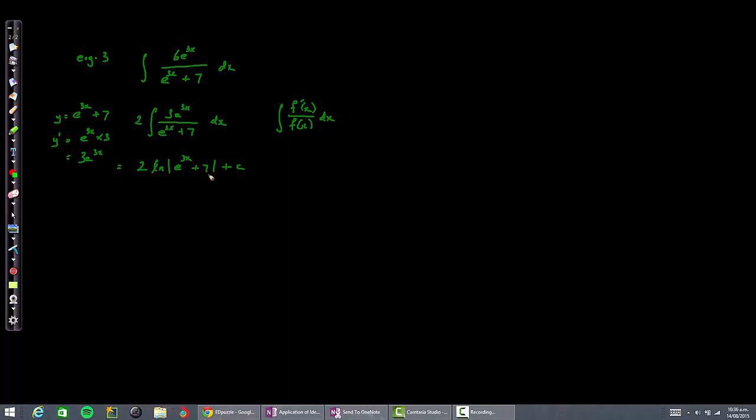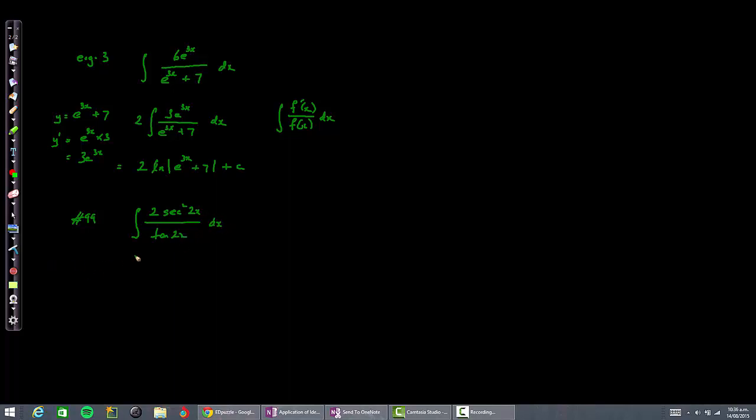Okay, what about a trig one? Let's take a look at question number 99 from your workbook. Something that looks a little daunting to begin with. We've got 2 sec squared 2x over tan 2x.